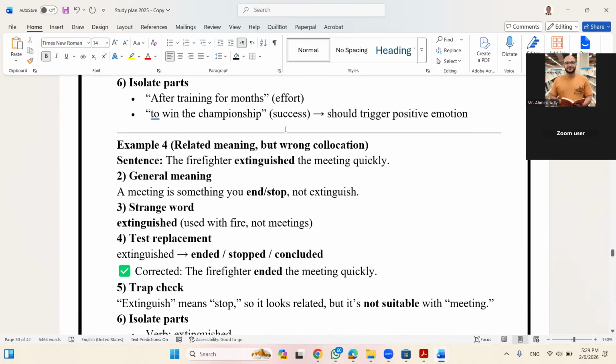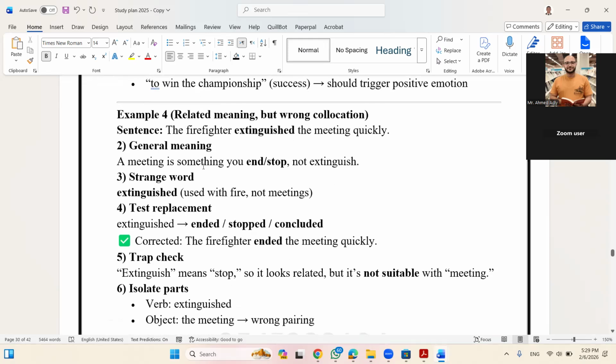Another example. The firefighter extinguished the meeting quickly. What is it about? About a firefighter. Good job. Firefighter, and ending or doing something. So which word is strange here?